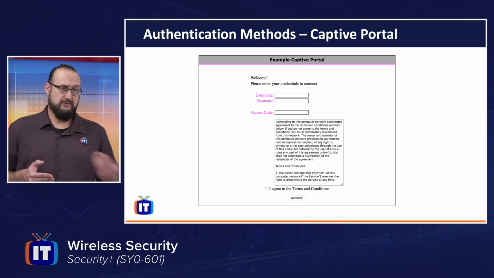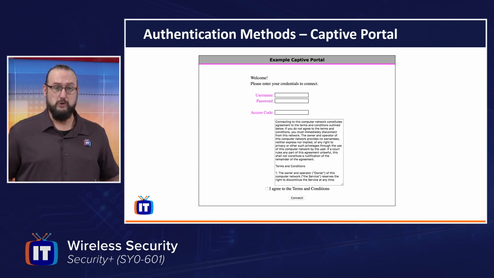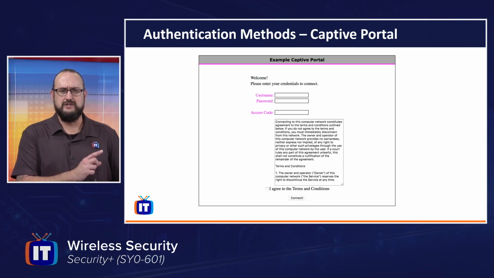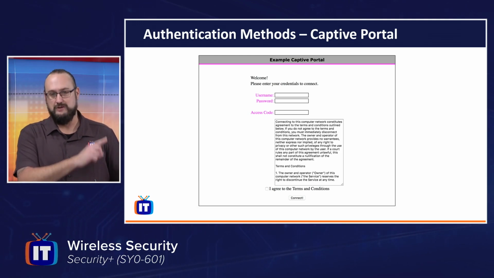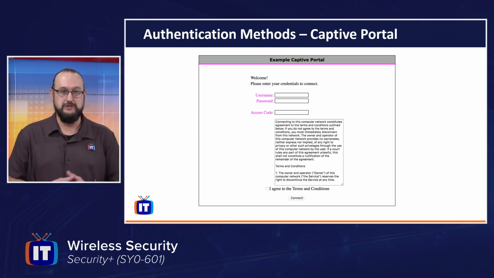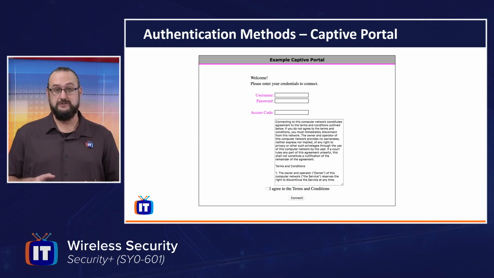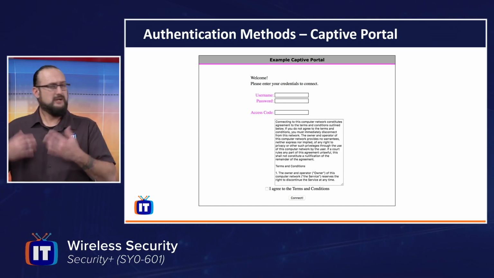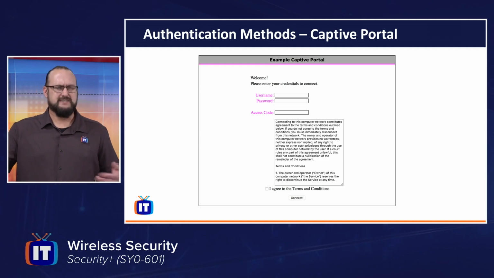In hotels I've been in, it's been like your room number. And then they put essentially an acceptable use policy. They call it terms and conditions, but a lot of times it's an acceptable use policy of what you can and are not supposed to do on their wireless network, and then they can hold you liable for it. Whoever the company is that's providing it, a lot of times hotels, has to do this for their own liability.